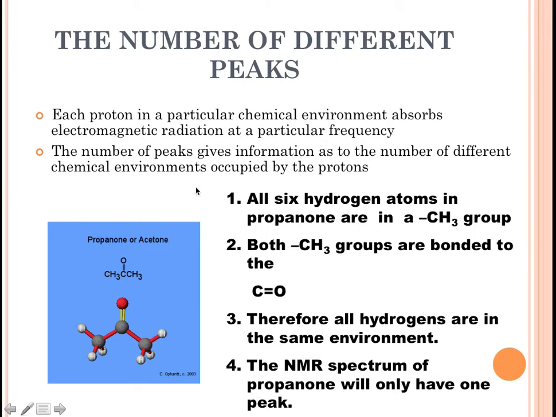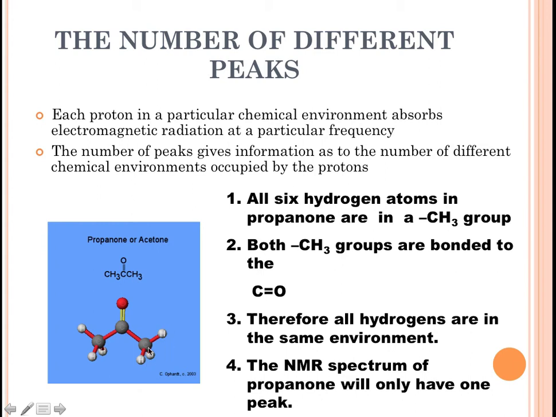Okay, so if we looked at something like propanone, also sometimes known as acetone, used in nail polish remover, we can see that we've got 3 carbons here and 3 carbons there. But if we look at hydrogens, 3 hydrogens there, 3 hydrogens there. If we look at the structure, we can see this is entirely symmetrical.